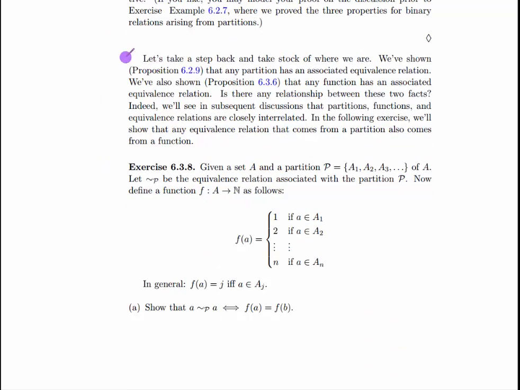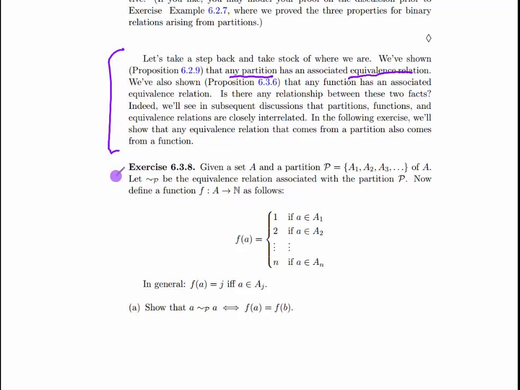Let's take stock of where we are. We've shown that any partition produces an equivalence relation. We can say two elements are related if they're in the same set within the partition. We've also shown that any function produces an equivalence relation. So partitions produce equivalence relations, and functions produce equivalence relations. Is there any relationship between these two facts? In fact, there is a close relationship.